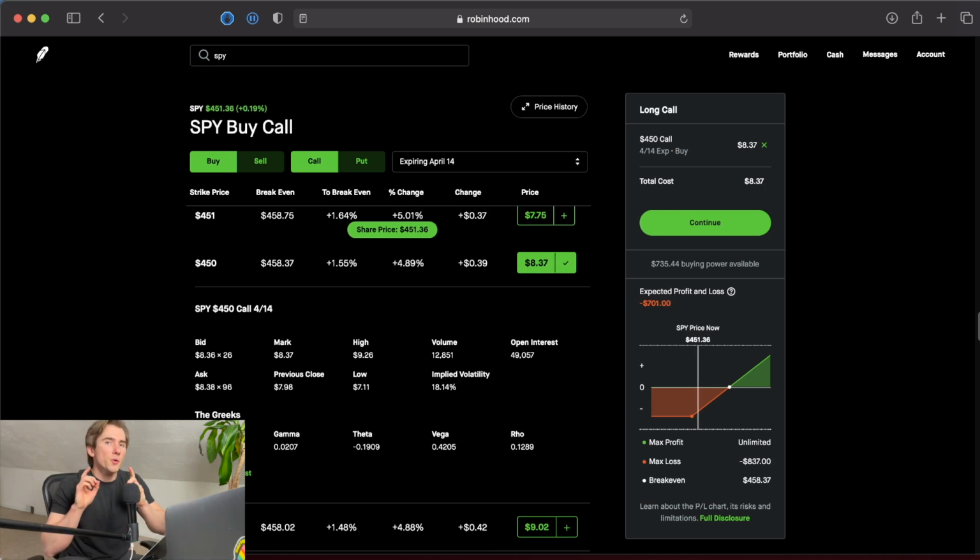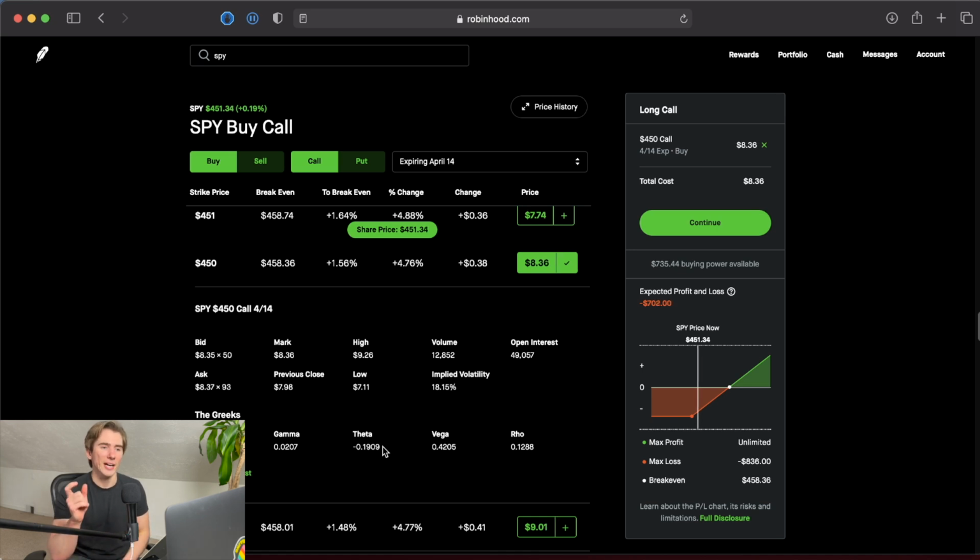But you also have time working against you, and this is where theta kicks in. The theta for this option is negative 19. And this means for every day that passes, even on weekends and on holidays, this option is going to lose $19 of value because of time and extrinsic value evaporating. Like we talked about earlier, the longer your expiration date, the more value that an option has.